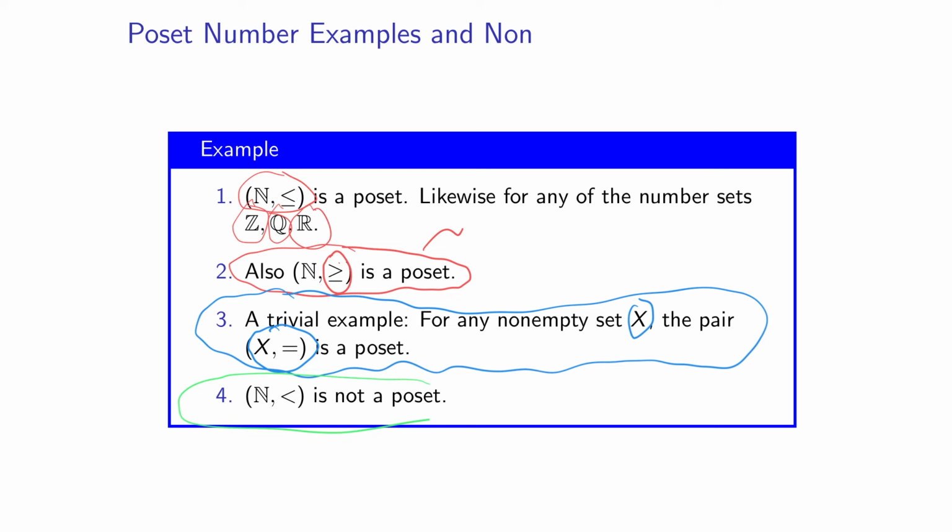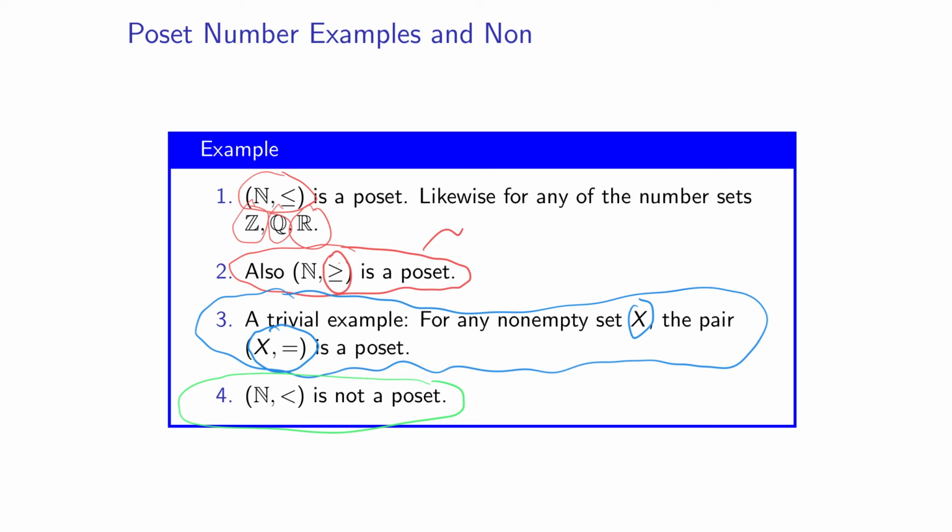Now, somewhat clearly, the poset axioms are meant to capture the notion of something like less than or equal to. And so if we instead think about the strict less than relation, it seems like that should not be a poset. You should go ahead and pause the video and think about why that is not a poset.